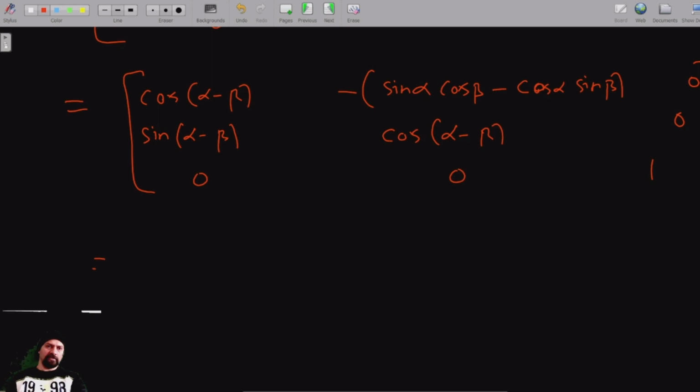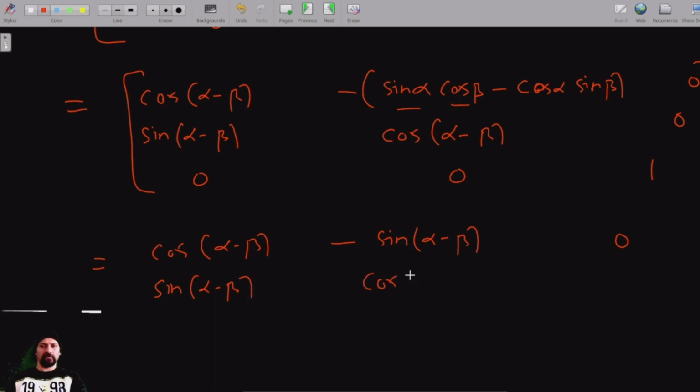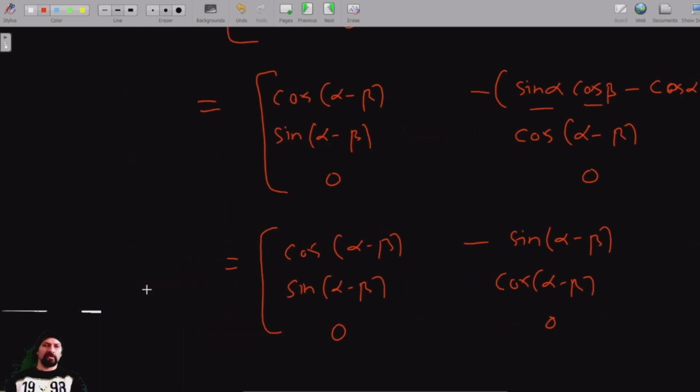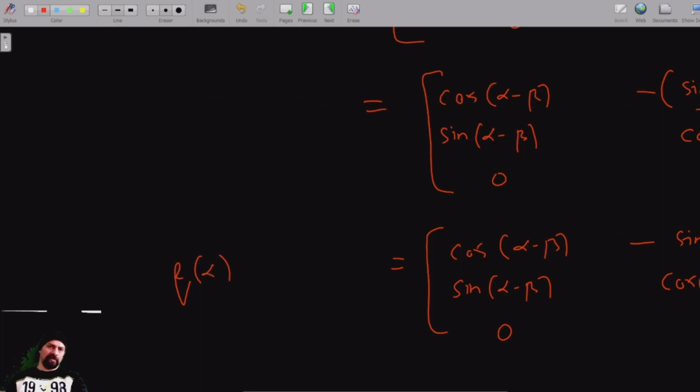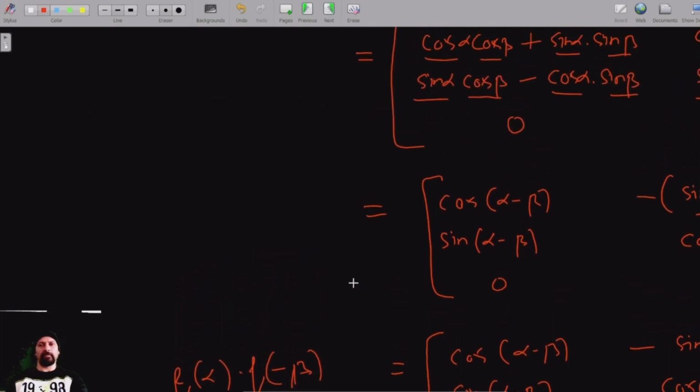So finally this is cos of alpha minus beta, negative sine of alpha minus beta, 0, sine of alpha minus beta, cos of alpha minus beta, 0, 0, 0, and 1. So this is f alpha into f negative beta.